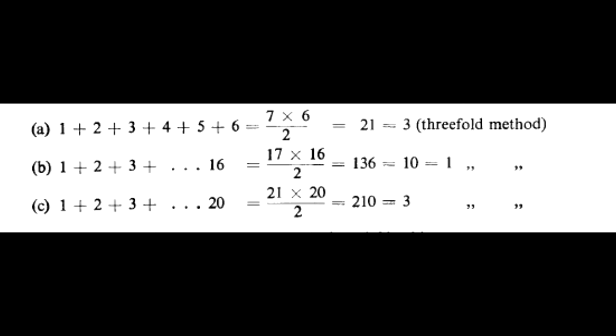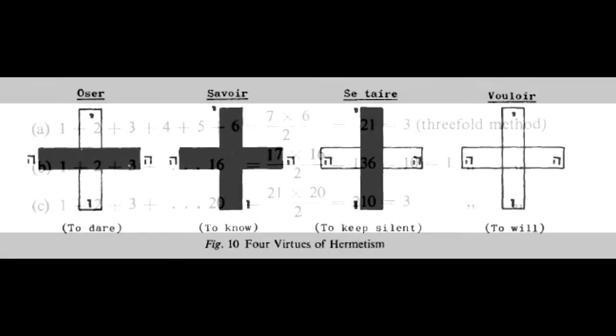B. 1 plus 2 plus 3 up to plus 16 equals 17 times 16 divided by 2 equals 136 equals 10 equals 1. C. 1 plus 2 plus 3 all the way up to plus 20 equals 21 times 20 divided by 2 equals 210 equals 3. So, the 6 was a ternary, the 16 a monad, and the 20 a binary.